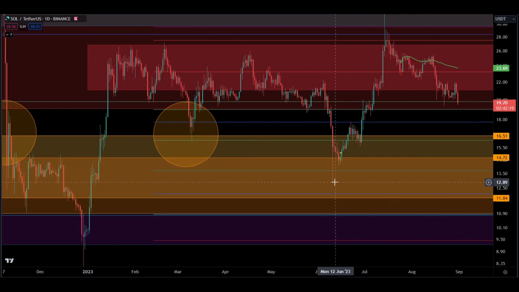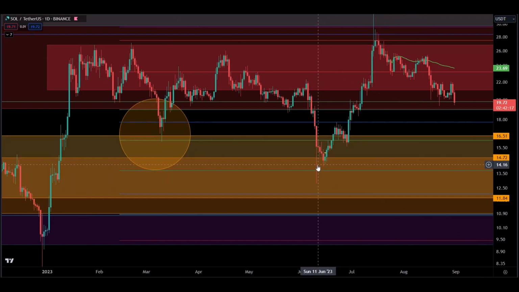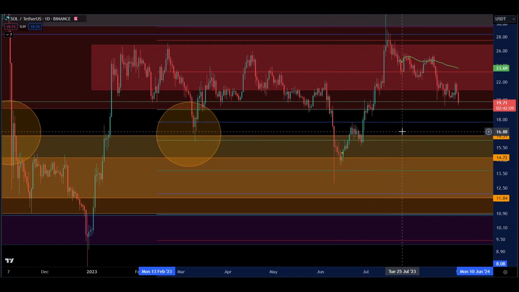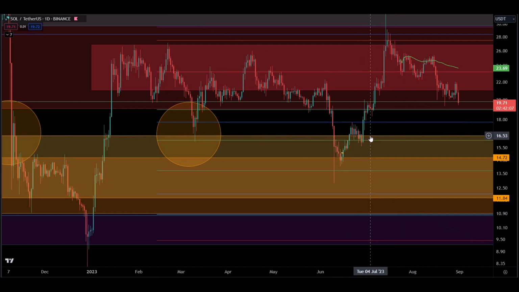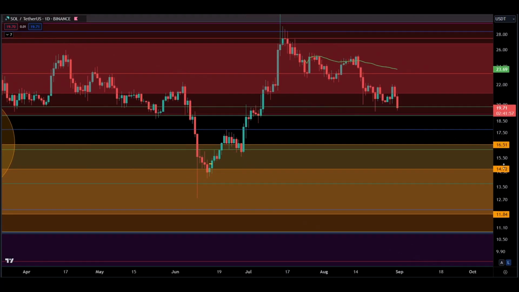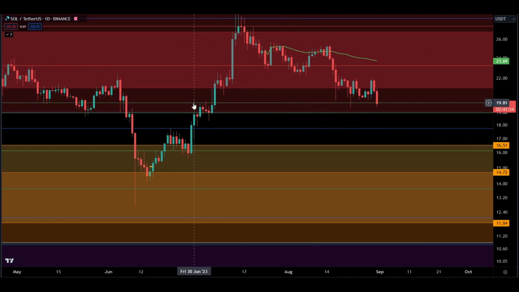It actually wicked into it for one day and then pivoted around and based back up above here. These are some Fibonacci levels, based above this larger orange box, and then rallied back into the resistance. We can see it wicked into it, got rejected, based, rallied into it, and then that resistance became support and it rallied back up.